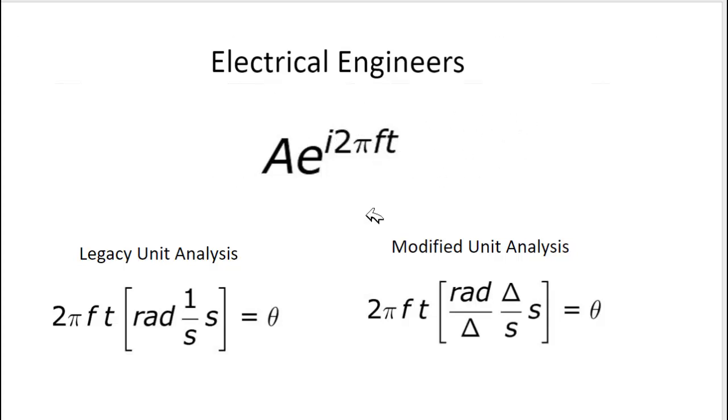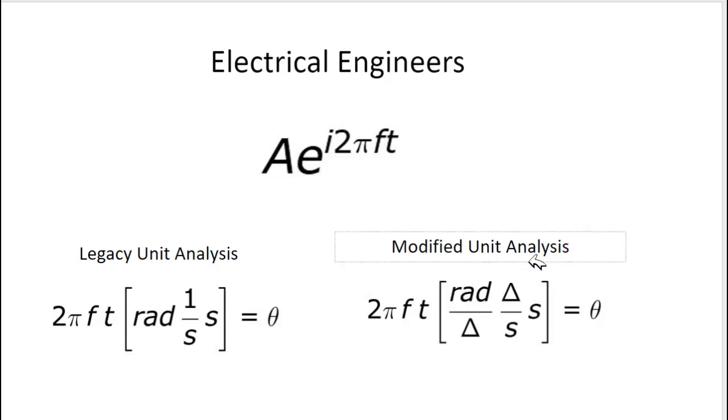Okay, when you do unit analysis on 2 pi ft using legacy, standard unit analysis, 2 pi has the units of radians, frequency has the unit 1 over s, and time has the units of s. And the s's cancel, and you end up with a radian term, and radians are the units of angle or theta. So this is basically e to the i times theta, and we've seen that before.